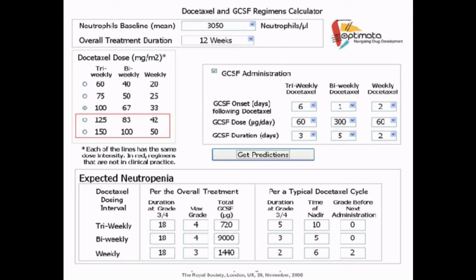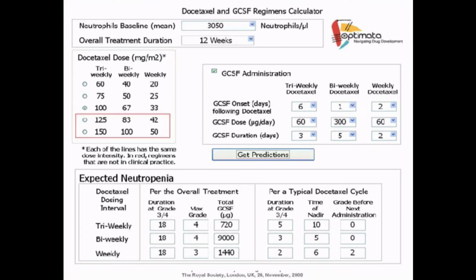This interface is for docetaxel, the overall dose to be used, and whether to use it in a 3-weekly regimen, bi-weekly regimen, or a weekly regimen. If it is elected to also use supportive treatment of GCSF, then the onset time of GCSF following the chemotherapy can be chosen, as well as the dose and the number of days of GCSF to be applied.